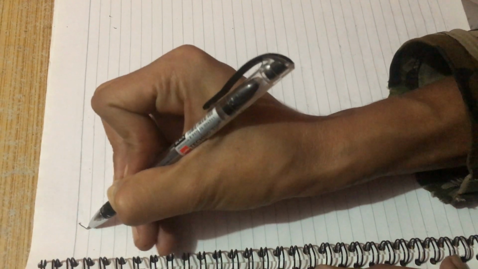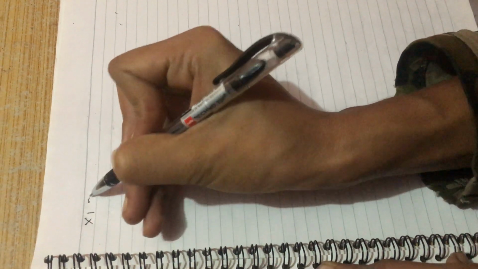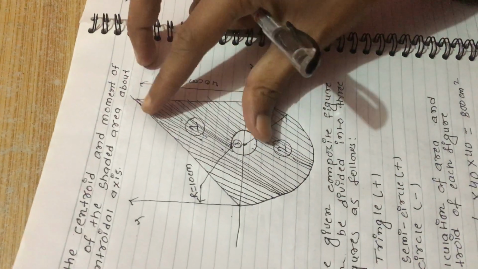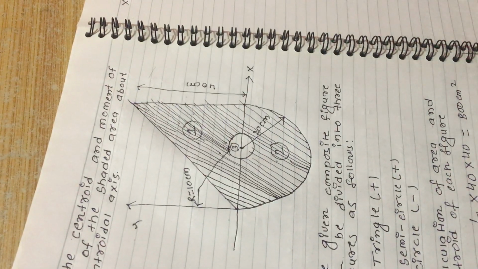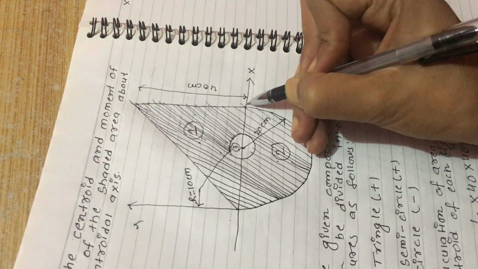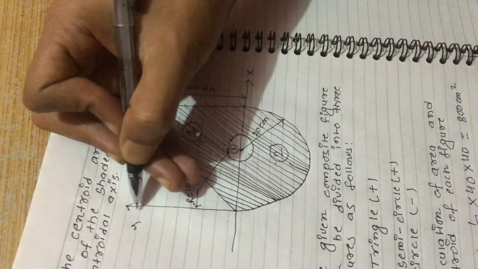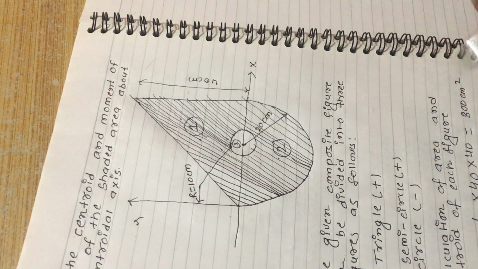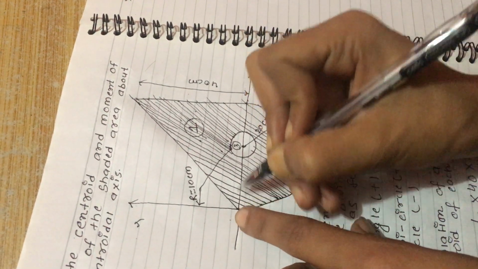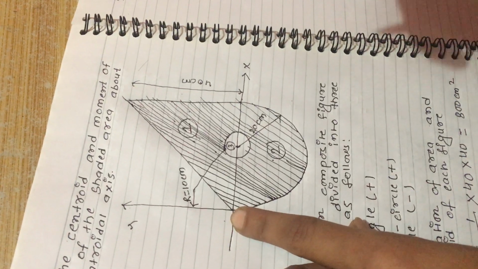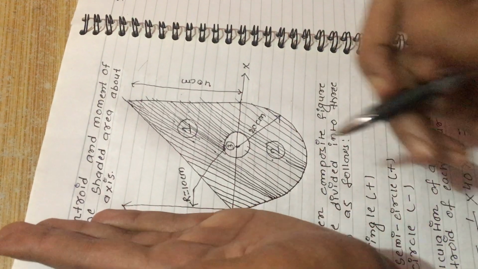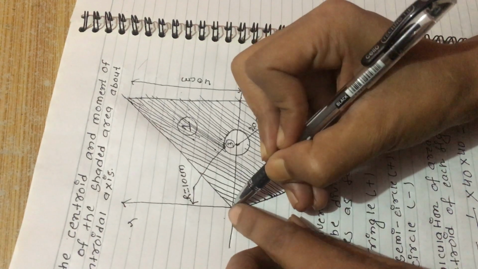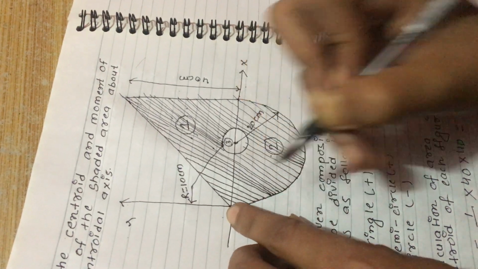Second, x1. Here we can see in the figure, this is a right angle triangle, and this is the x-axis and this is the y-axis. So let us analyze this figure practically. If this is our y-axis and this is the x-axis, then here is our origin.